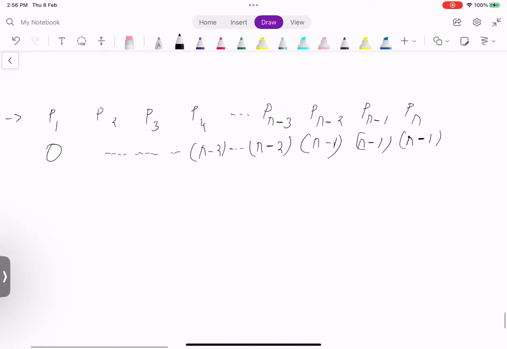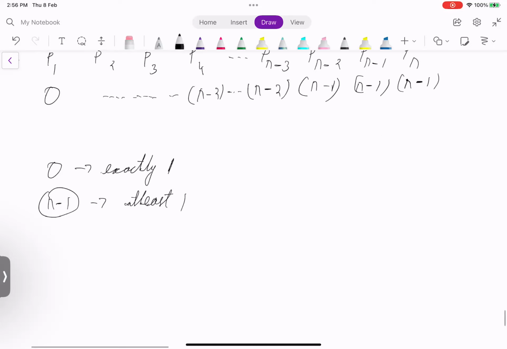So here the conclusion is that the number of zeros we get is exactly 1. The number of n minus 1s that we get is at least 1. And for all other numbers in the range 1 to n minus 2, the count can be either 0 or some valid positive number.